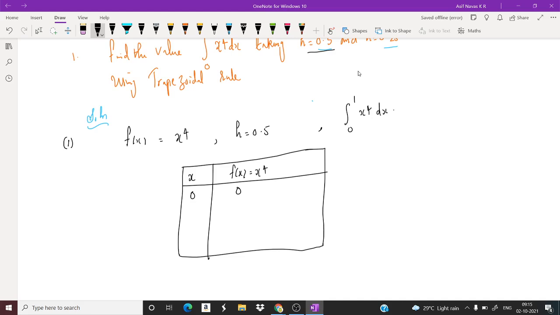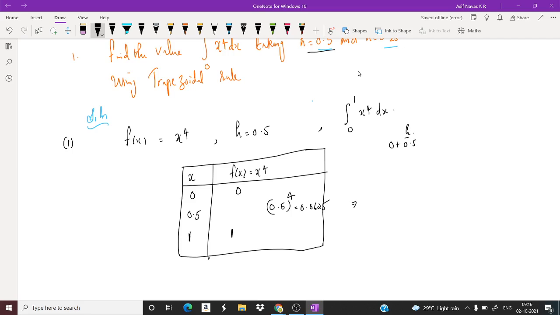Now the second value is 0 plus h, so 0.5, and 0.5 all raised to 4 is 0.0625. The third value is 0.5 plus 0.5, that is 1, and 1 raised to 4 is 1.